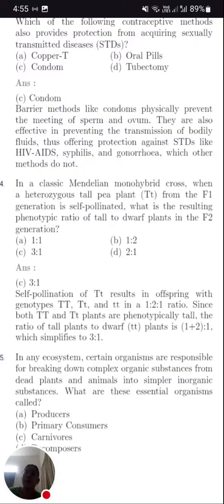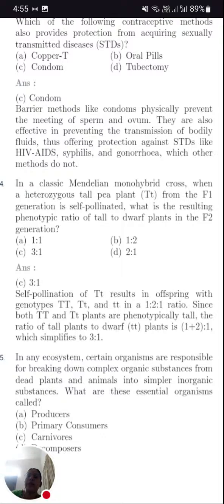As it is monohybrid cross, he took only one single character, that is tallness of the pea plant during F1 generation. So if you recall back that cross of the hybridization, monohybrid cross, there phenotypic and genotypic, two kind of ratios we come across.